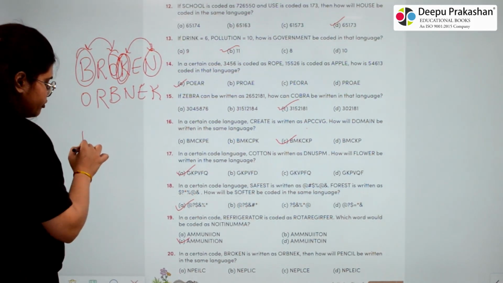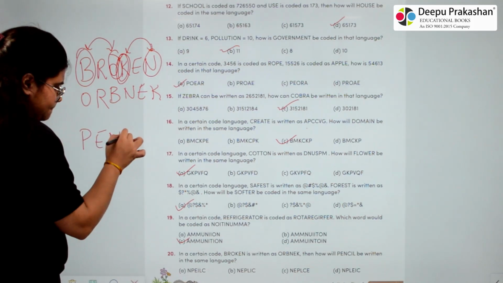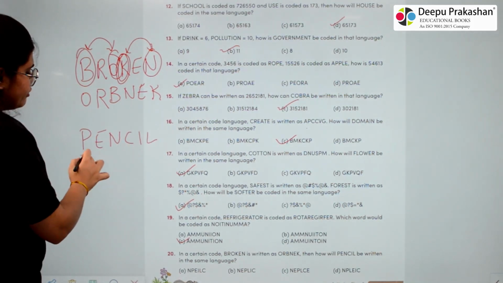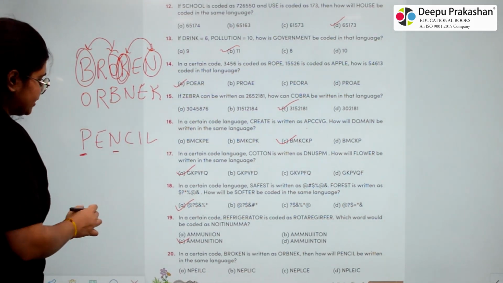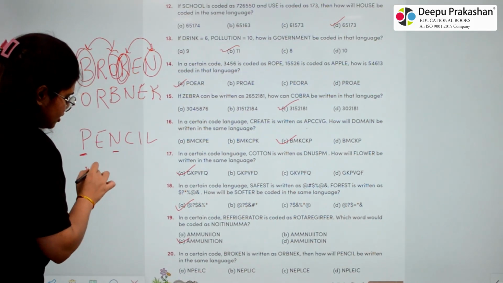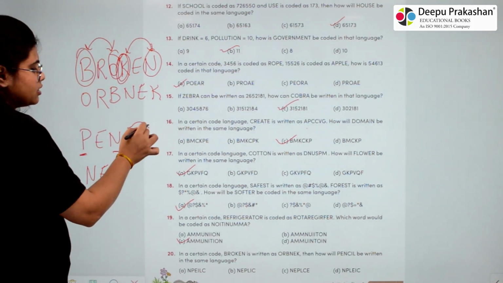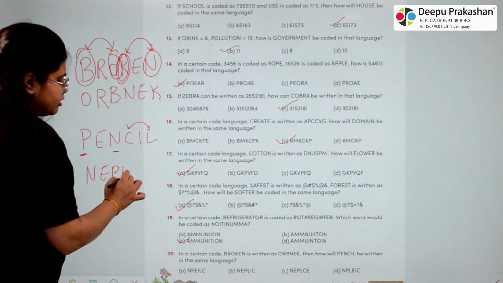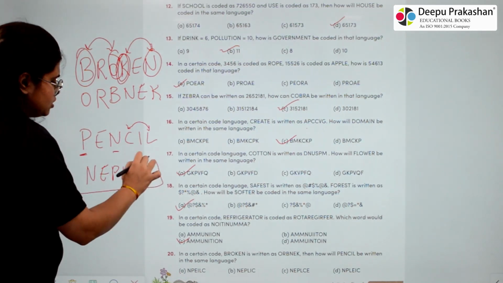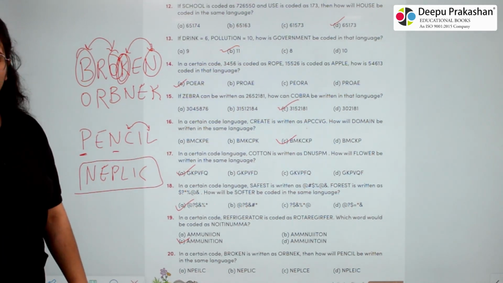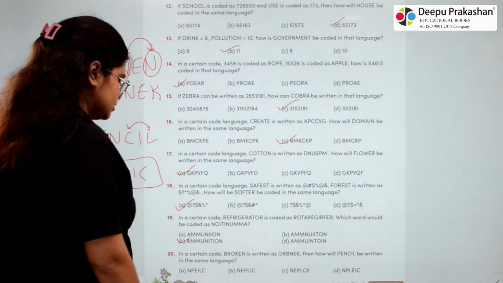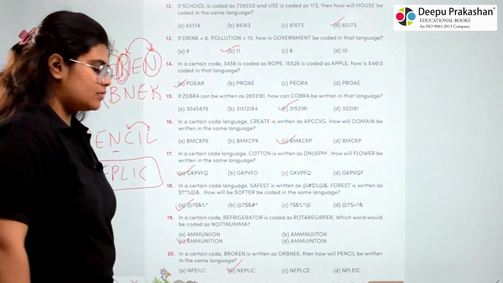Now we are asked for pencil. Here we will switch first and the third letter, so it will become NEP. On switching fourth and sixth letters, it will become LIC. So the answer will be NEP LIC. Okay.